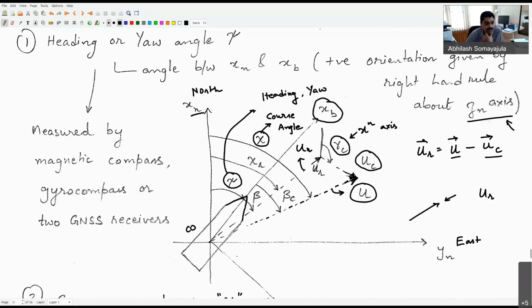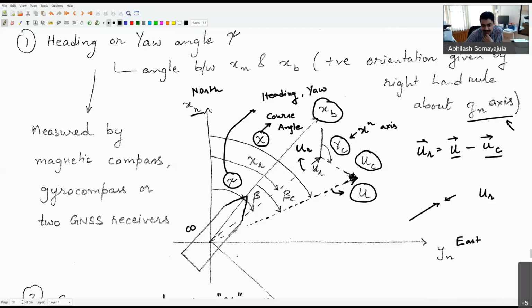Sure. The heading angle is defined as the angle between the two x-axes, whereas the course angle is defined as the angle between the x-axis of the NED frame and the velocity vector.